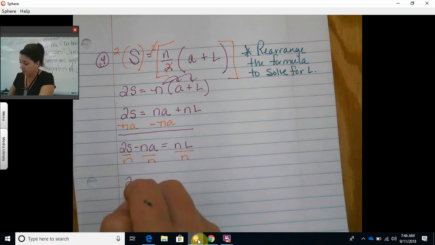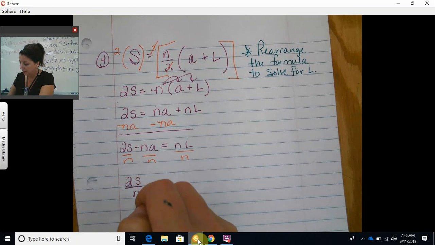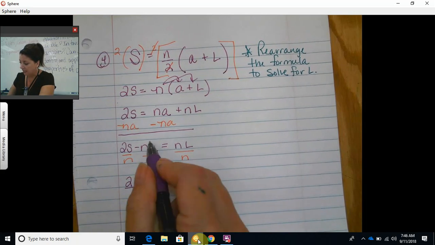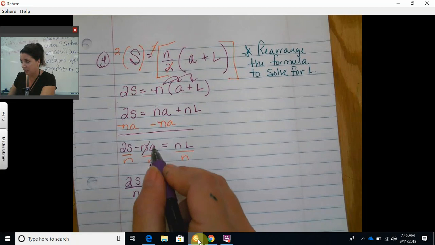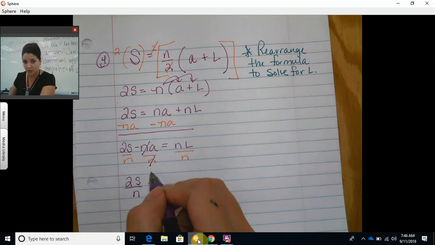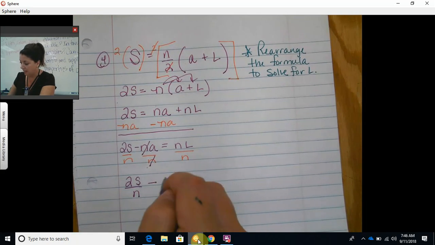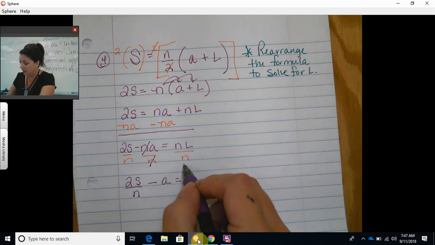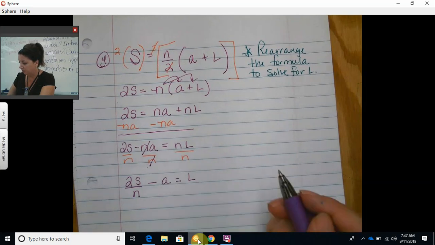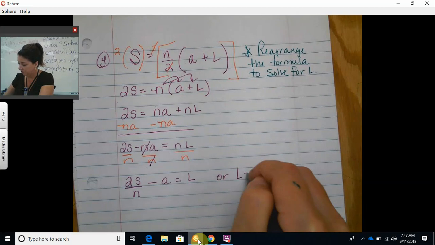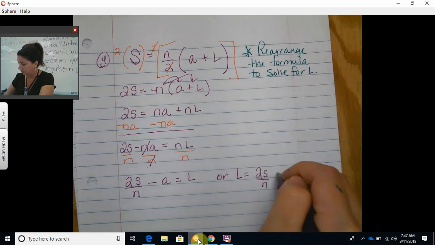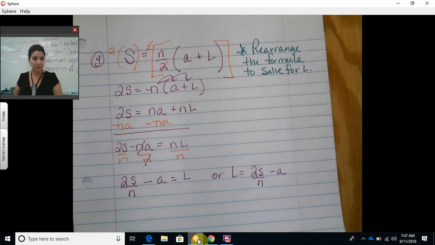So I've got 2s divided by n minus a, because it's a monomial divided by a monomial, so you can cancel just the n's, equals n divided by n cancels and leaves me with L. L's by itself, that's all we can do. Everybody cool with that?